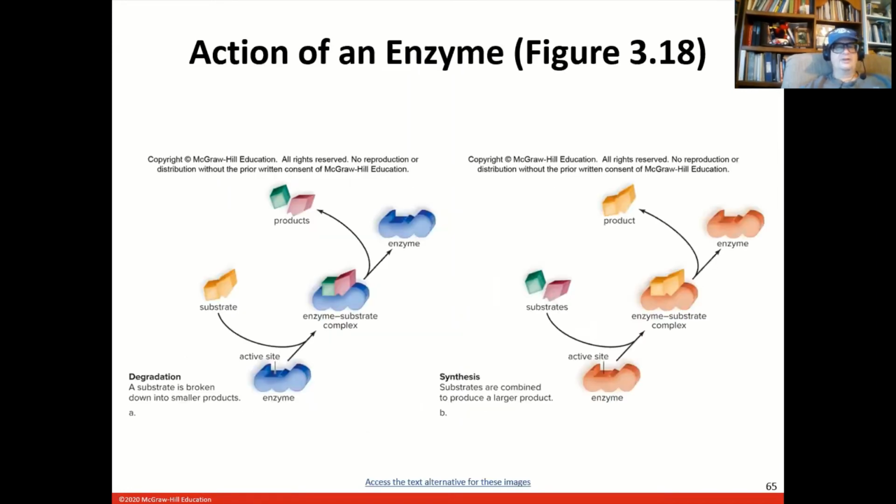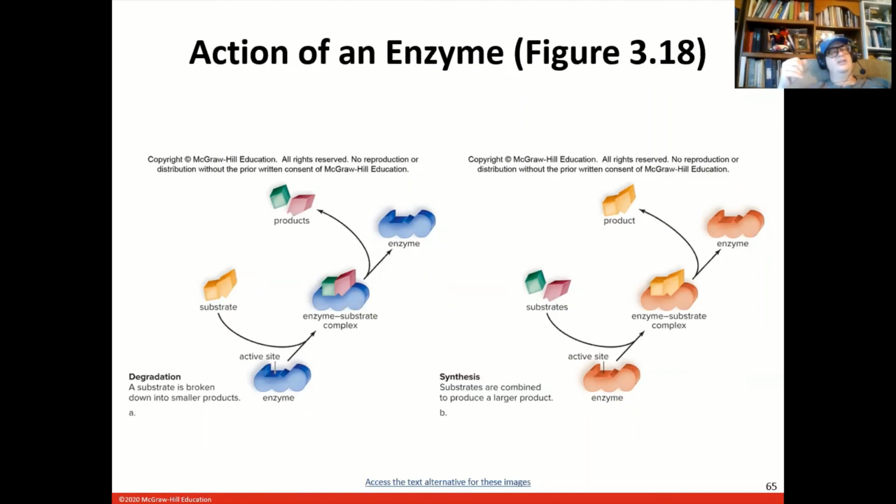Here are some pretty pictures. And let's see. In this one, we're doing degradation, and in this one, we're doing synthesis. All right, so synthesis, understand you could have an enzyme, and it takes two things, and it brings them together, and you get a product. Those two things could stick to each other and form the product on their own.